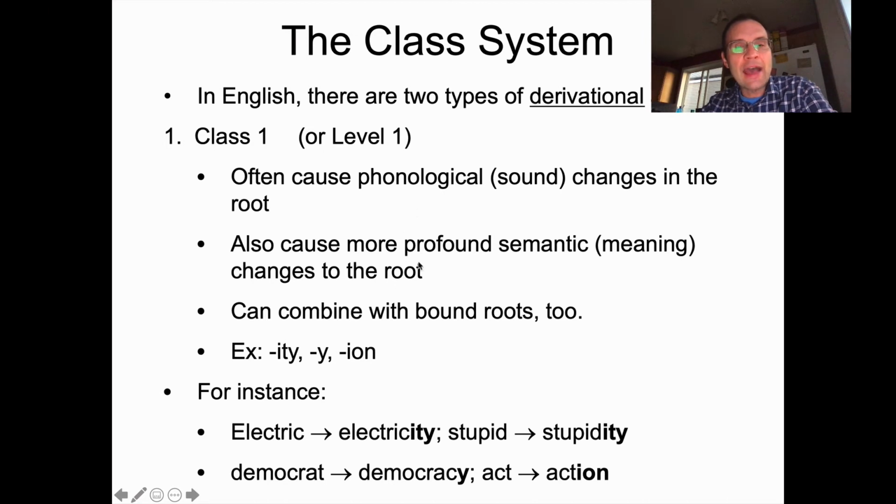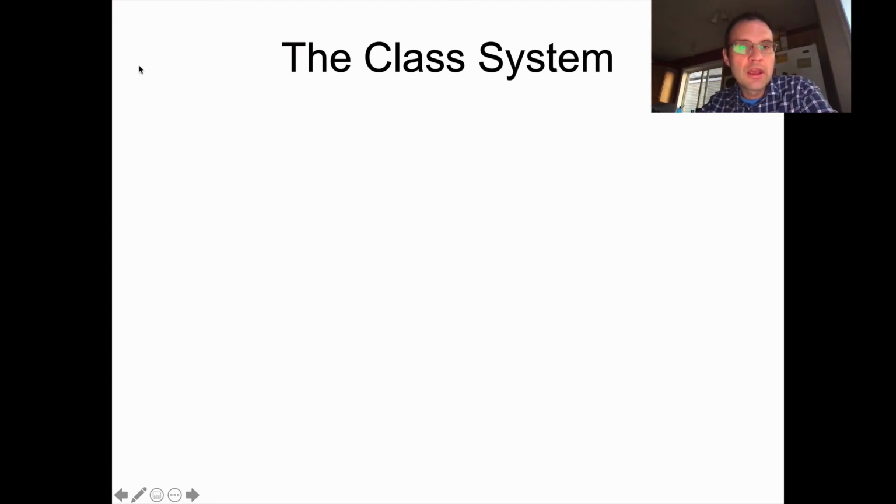So these suffixes can change the sounds you actually pronounce when you say the root after they've attached to them. Yeah, I think all these are fairly easy to perceive in terms of their semantic connection between the root form and the complex form.